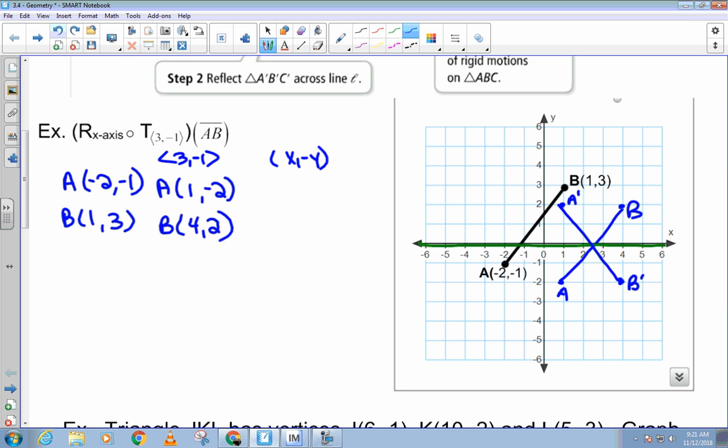So I take these new points, and my x stays the same, and my y changes sign. And I take my new B point, and my x stays the same, and my y changes sign. And if I look over here, my A prime is at 1, 2, and my B prime is at 4, -2. So again, you can do it with graphing, or you can do it by the rules. Sometimes you've got to do a little of both, okay?